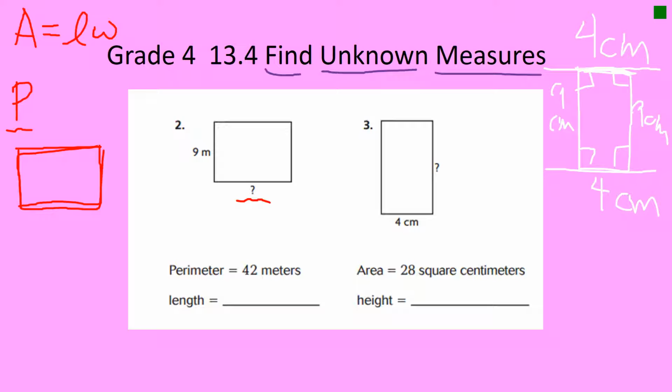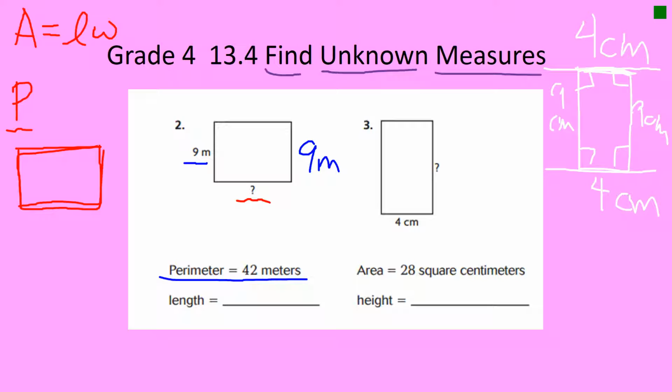So let's look at number 2. It says that we know that this side is 9 meters. So what else do we absolutely know? Because we know so much about rectangles, we know that this side is 9 meters, right? And that's basically it. And that the perimeter is 42 meters.